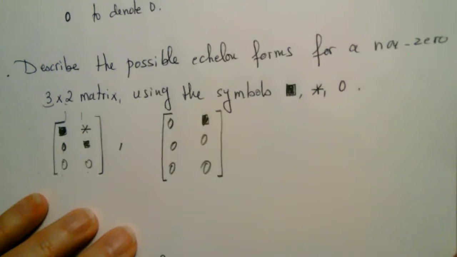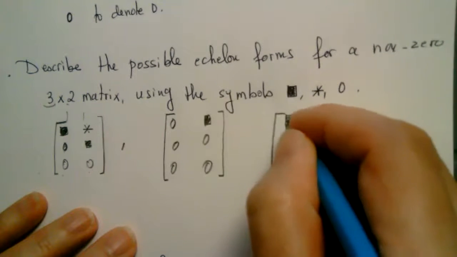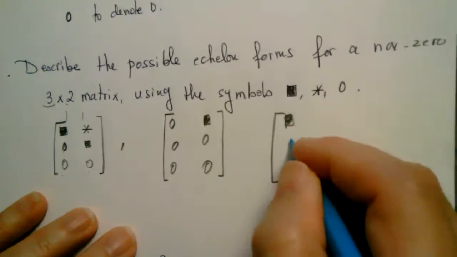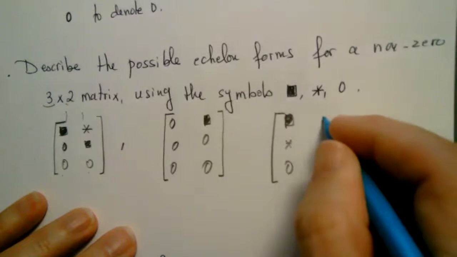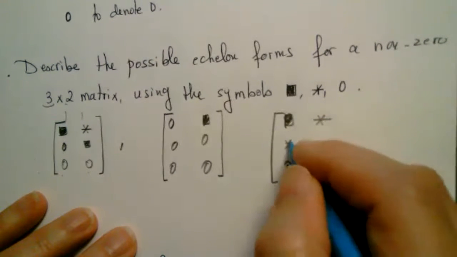I had row 1, column 1 box, row 1, column 2 star, and then zeros again. Oh, I meant row 1, column 2 is a star, and then two rows of zeros after. Absolutely.